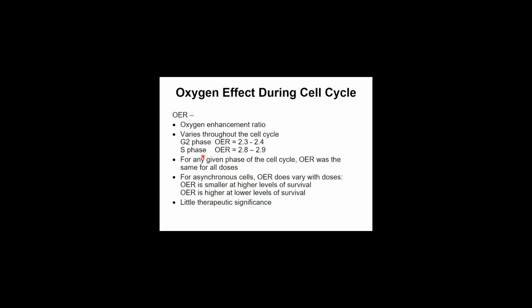The point is that there is an oxygen enhancement ratio that we'll talk about later, but what that means is that during G2 phase of the cell cycle, you need about 2.3 to 2.4 times the dose in hypoxic cells to do the same damage as that dose would do in oxic cells. In S phase cells, this goes up. So there is a variation in the cell cycle for this oxygen effect, but there's almost no therapeutic significance. So it's an interesting observation, but it doesn't apply.